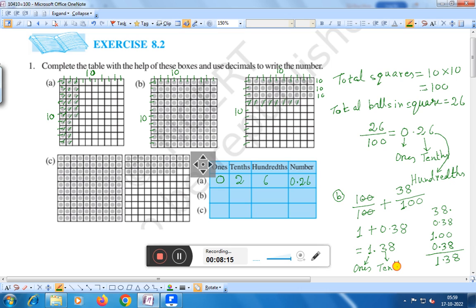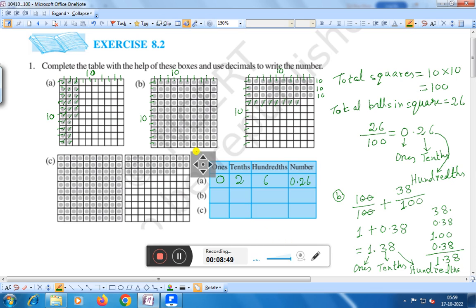And the place value of 8 is hundredths. This is the hundredth place, right?